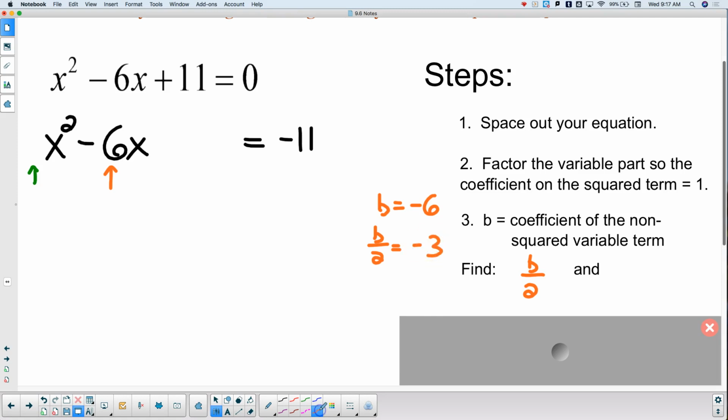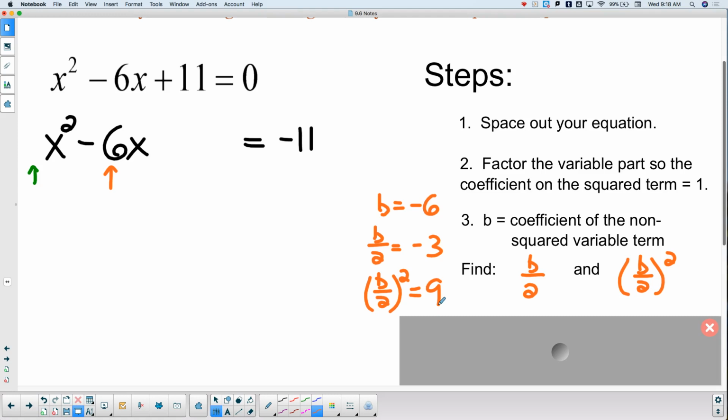We found that one. And you're going to have to find b divided by 2, squared. So what's -3 squared? 9.